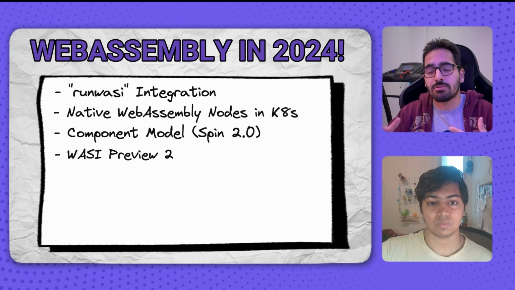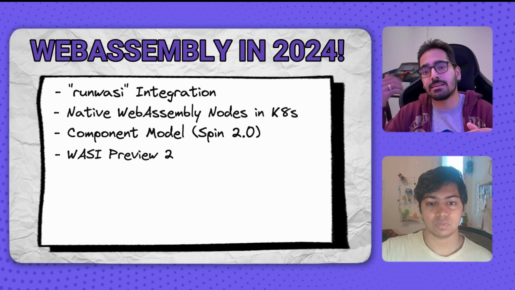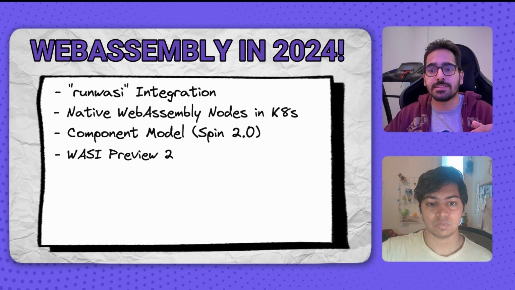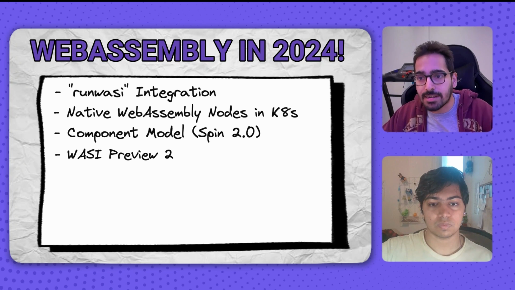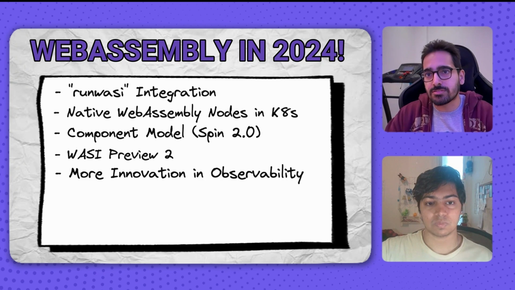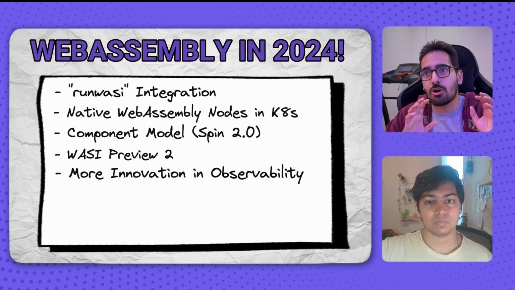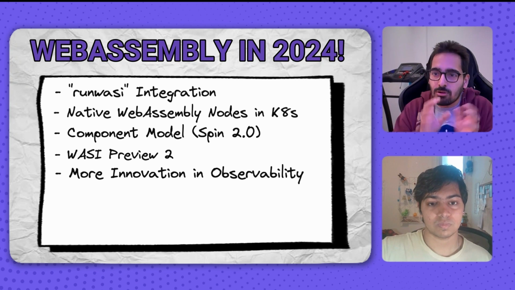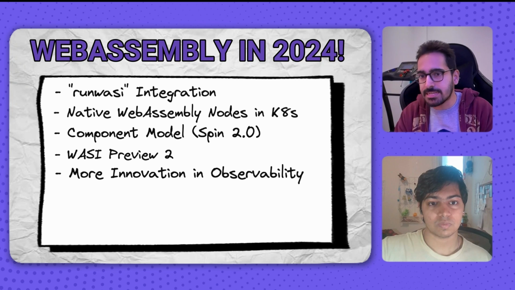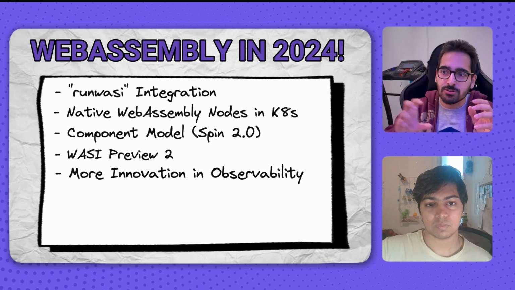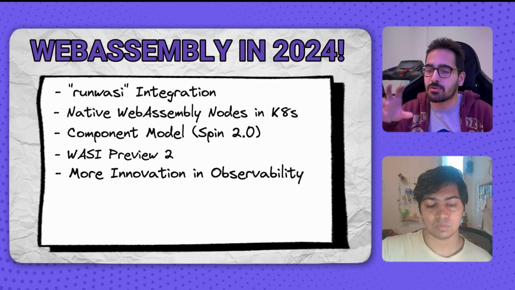So I think that will also mature, and then all the APIs being implemented within the specific runtimes. We'll also see more proposals in the WebAssembly observability space, and also more implementations. So we'll see more and more innovation around observability and debugging, because that is interesting.